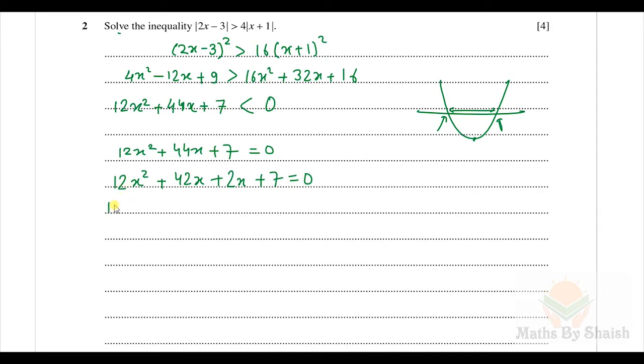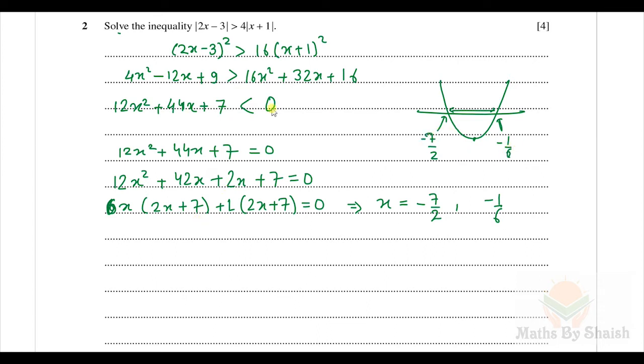Now if we take 6x common, we get 2x plus 7, and in the other two terms we can take only one common because nothing else is common. So from here we will get x values directly as minus 7 over 2 and minus 1 over 6, because minus 1 over 6 is more than minus 7 by 2.